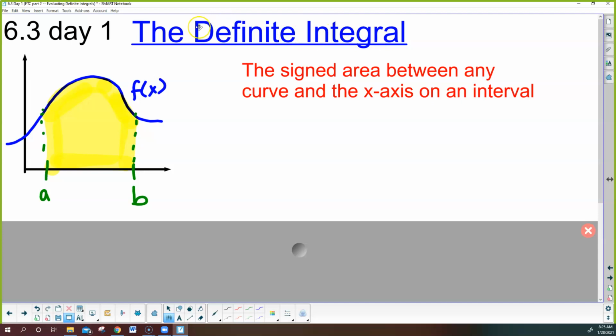And the reason why we use the word definite is because we have specific bounds that go in there. In this case, we go from A to B. If it was indefinite, we'll talk about those in section 6.4. That just represents more of a process than the area under the curve. So the signed area between any curve on the x-axis and on the interval.